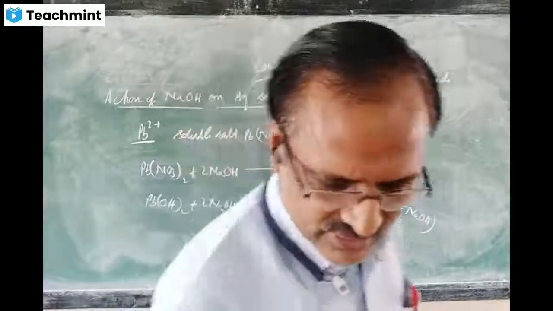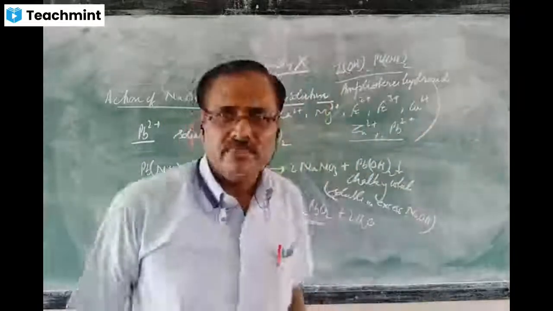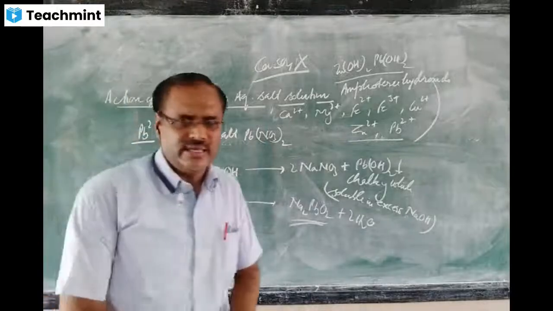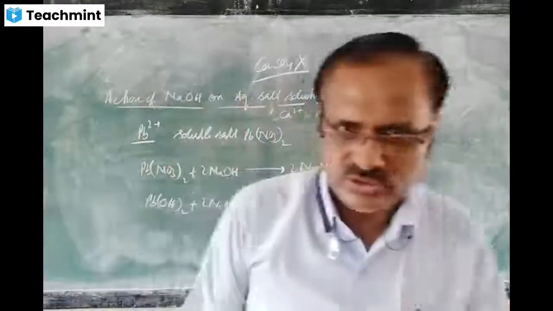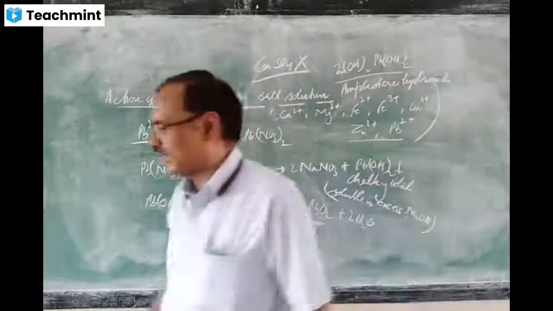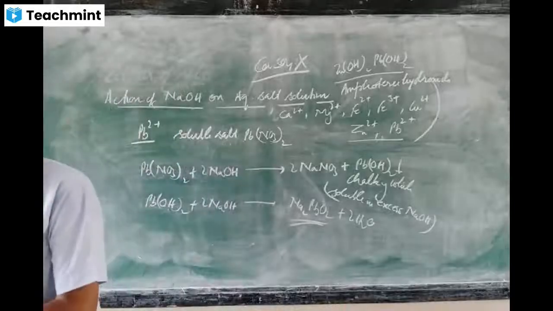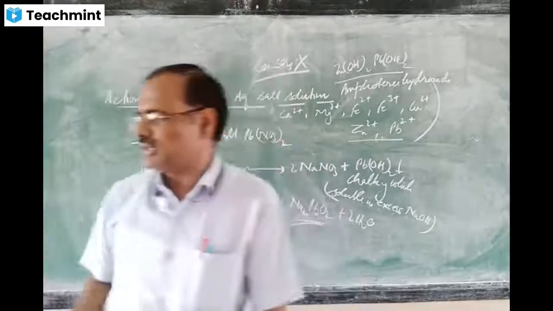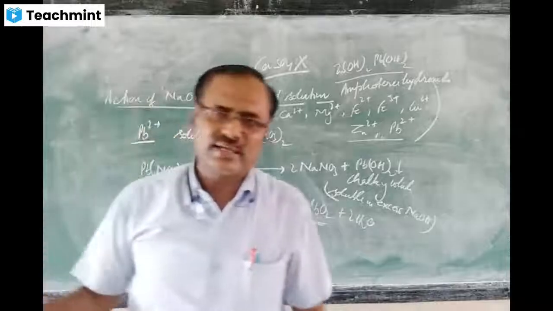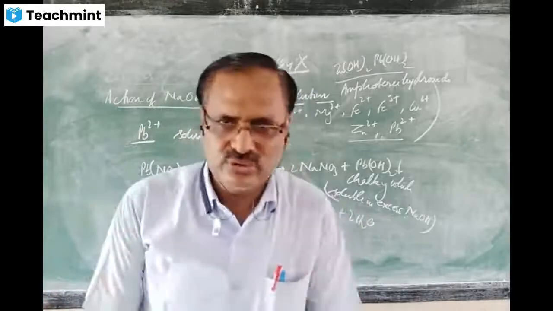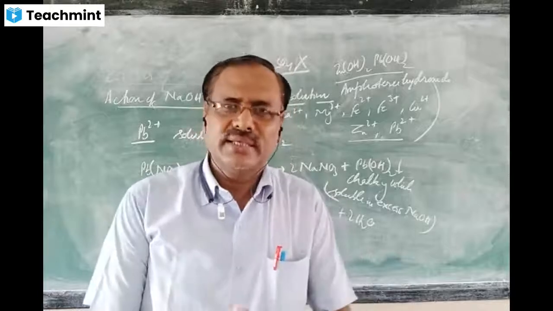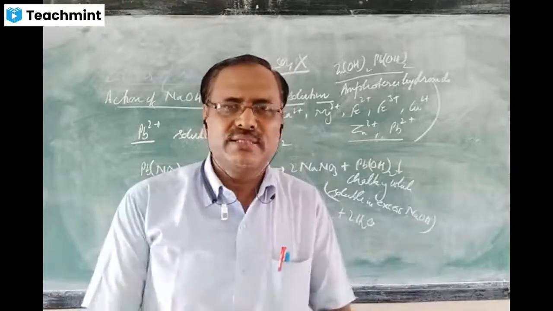So this is what you have studied about the action of sodium hydroxide on aqueous salt solution. If you have any doubt, you can ask. Otherwise, the next topic, the action of ammonium hydroxide on aqueous salt solution, we will take in the next class. How will the question be asked? They can ask for the observation, the chemical equation, or both.